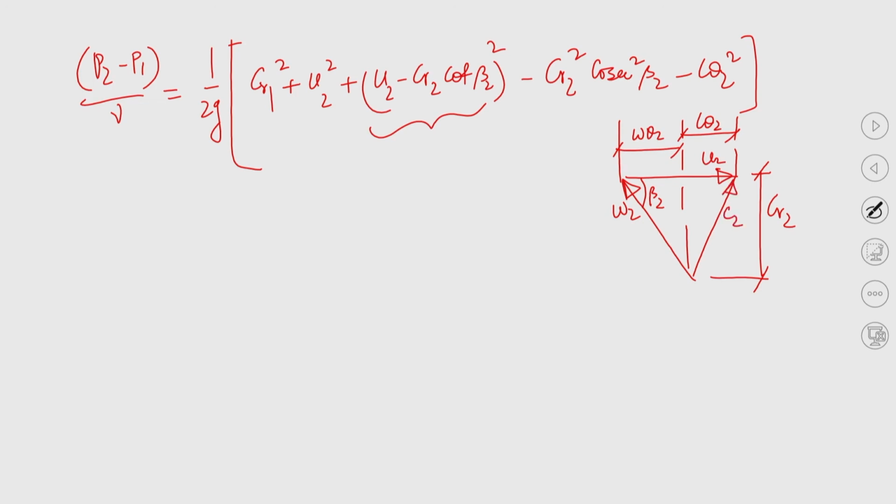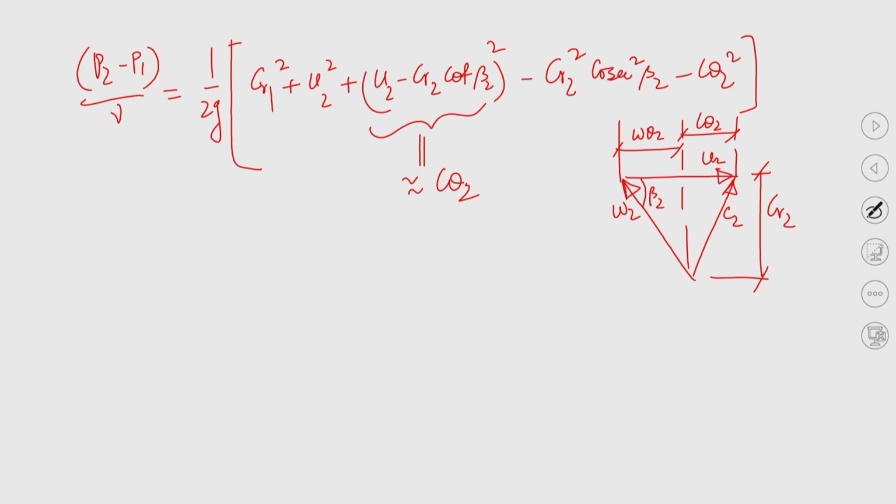So, u2 minus CR2 cot beta 2, CR2 cot beta 2, that is W theta 2. So, this is nothing but C theta 2. So, this C theta 2 and the last term C theta 2 will get cancelled out.